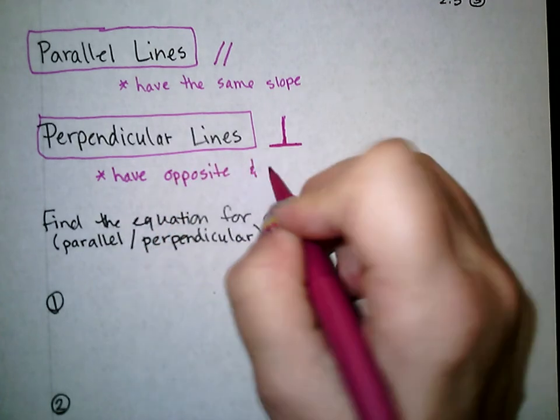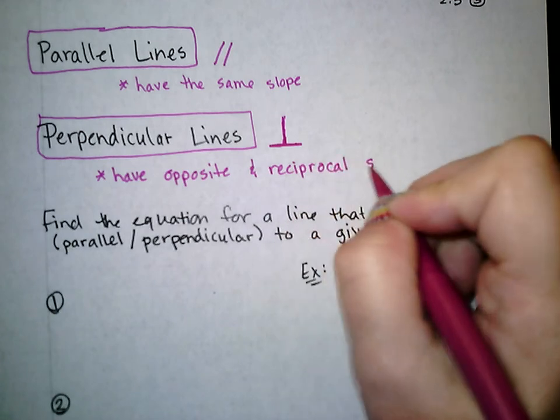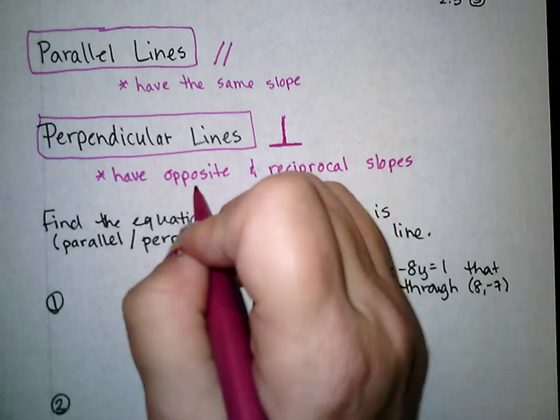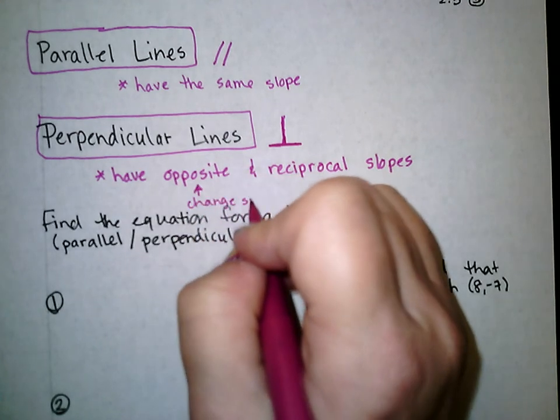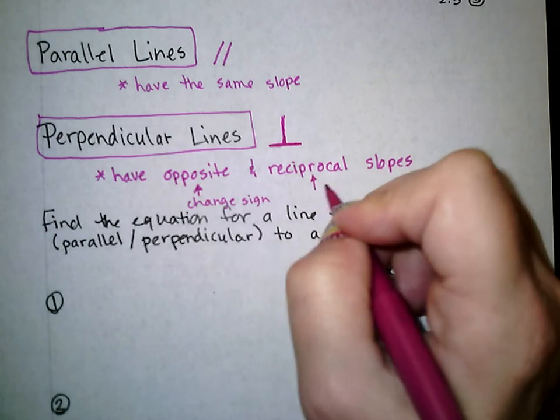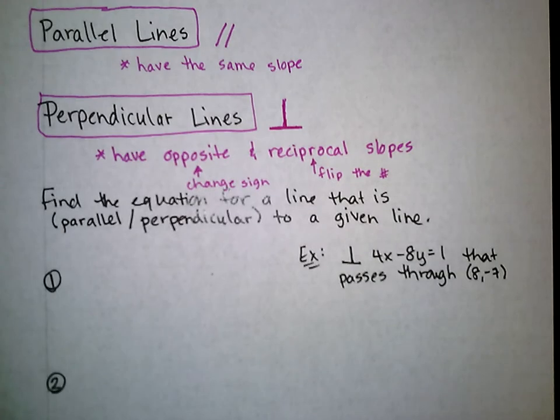The other is that they are upside down from each other. So they have opposite and reciprocal slopes. So remember, opposite, you have to change the sign to get to the opposite, and reciprocal, you have to flip the number. Flip the fraction, change the sign for perpendicular lines.